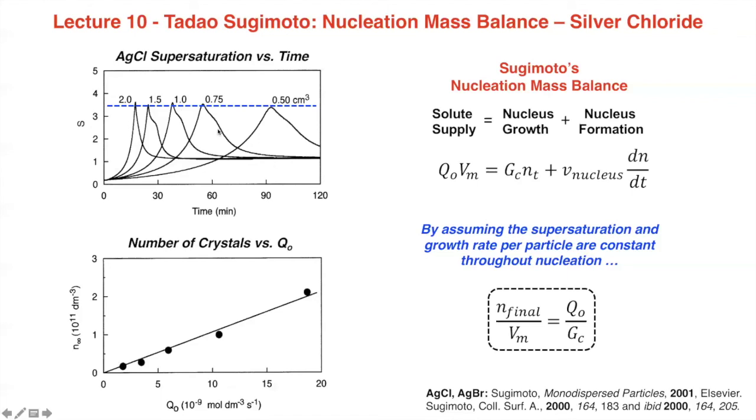And Sugimoto studied the effect of the rate of solute generation in one of these reactions on the extent of nucleation. Okay, and so in the upper left here, you can see the solute concentration expressed as a supersaturation ratio for 5 different reactions that have different kinetics.